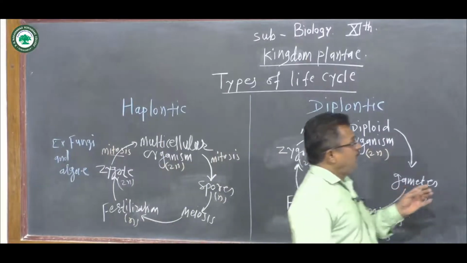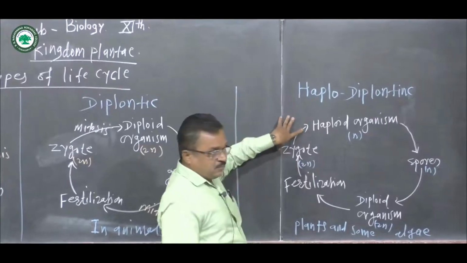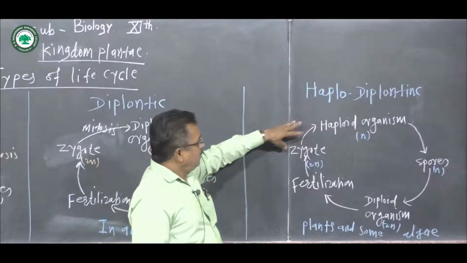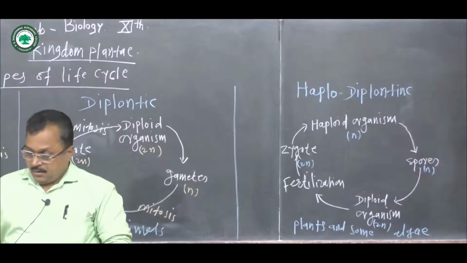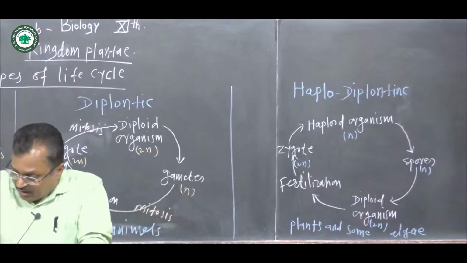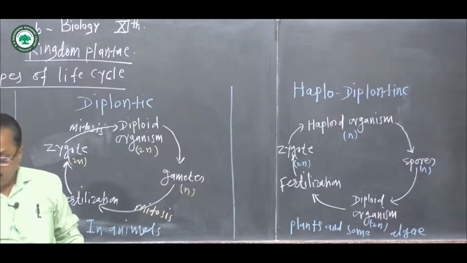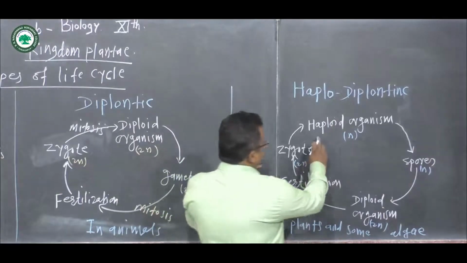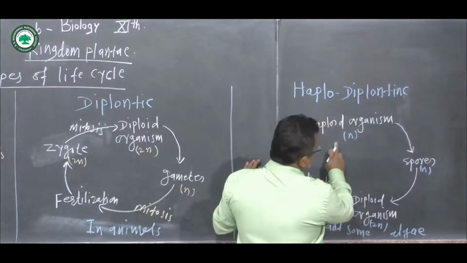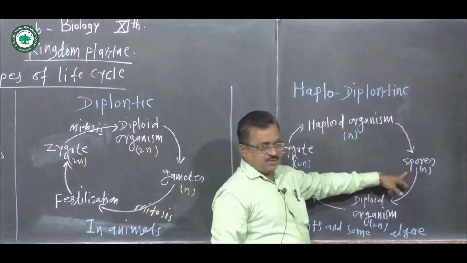Then third type of life cycle, that is haplodiplontic. In this life cycle, mitosis occurs in both diploid and haploid cells. These organisms undergo both phases. Multicellular haploid organism produces the spores by meiosis.